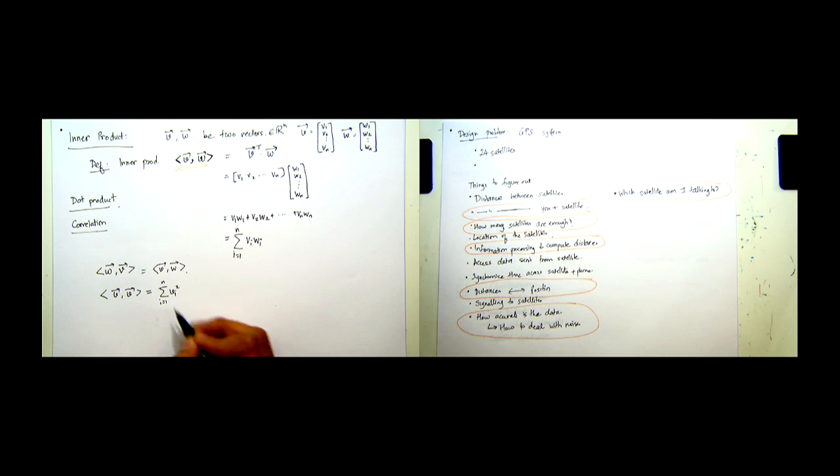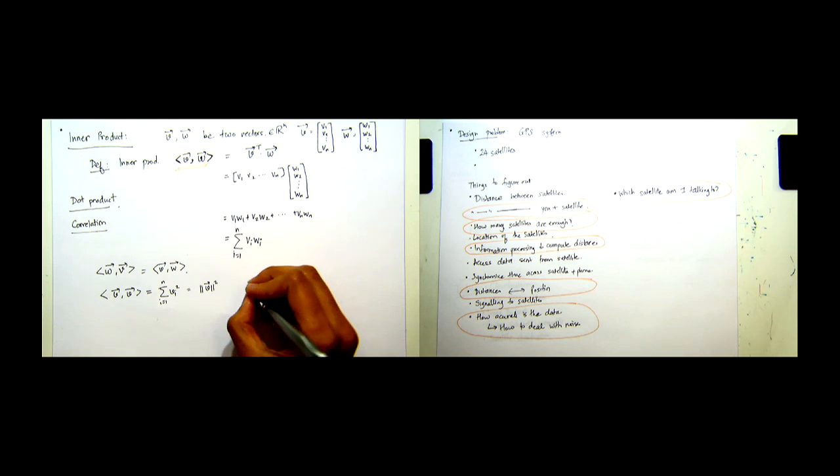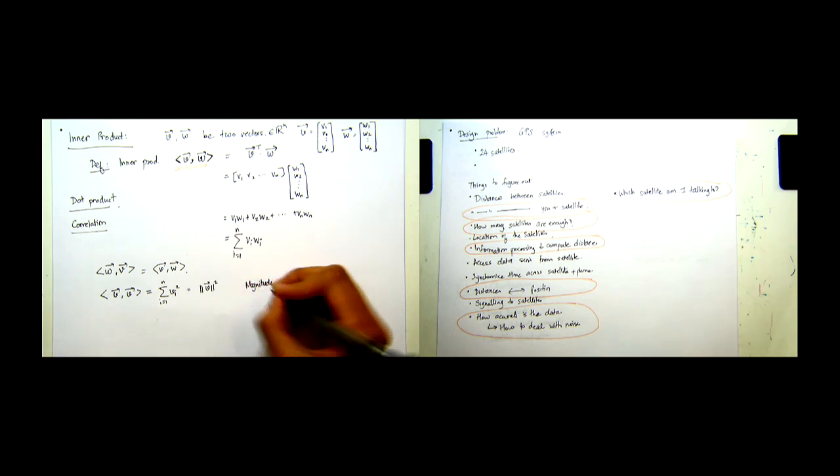Is there another name we use for the sum of the squares of the elements? The magnitude of the vector, right? This is basically the magnitude of the vector squared. Also called the norm, N-O-R-M.